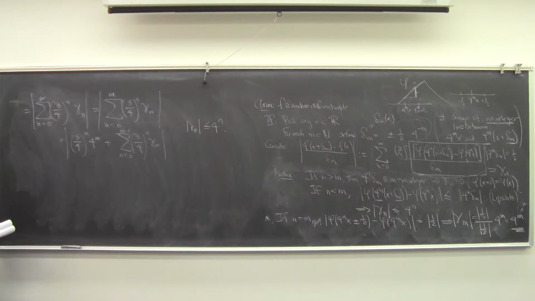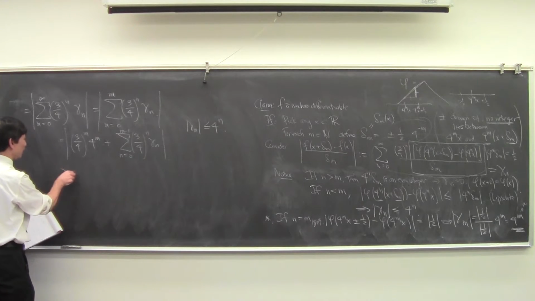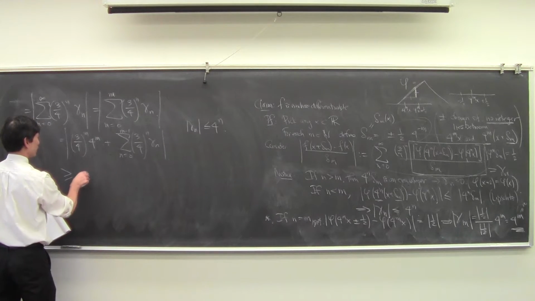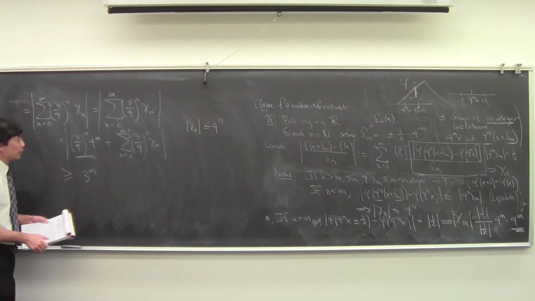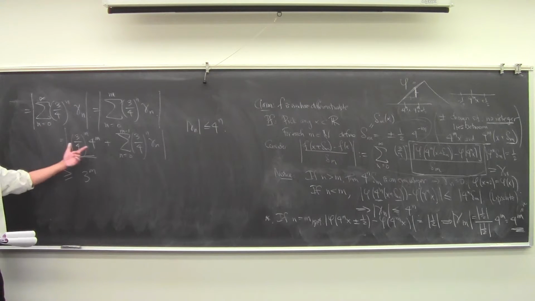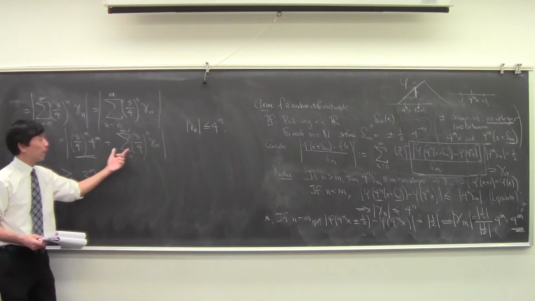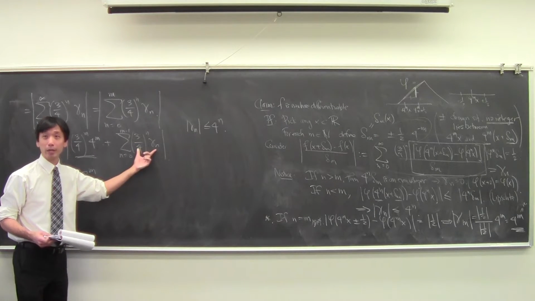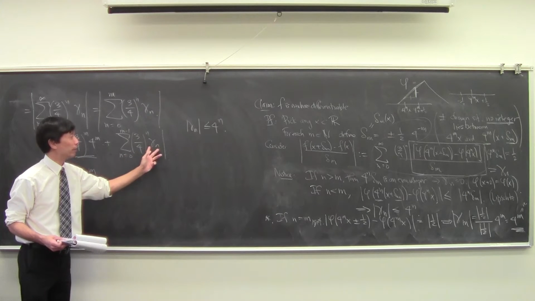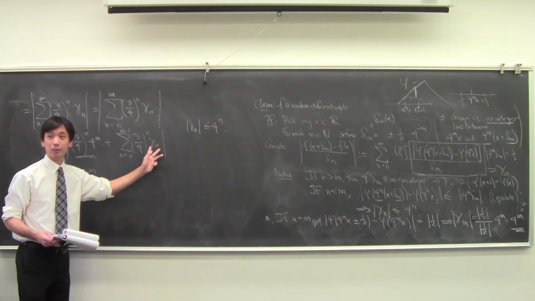Okay. Now, what I'm going to do is I have this 3 to the m from this first term, and I'm going to say that this sum is bigger than 3 to the m minus the biggest thing I could get here by substituting in 4 to the n for all the gamma sub n's.